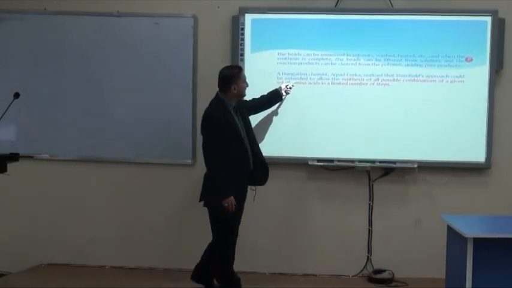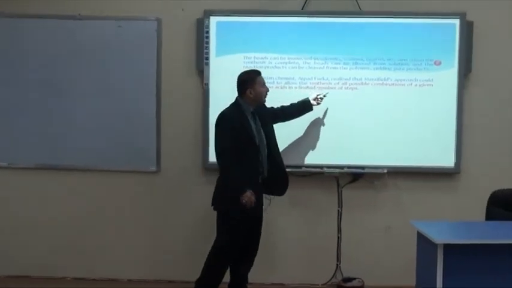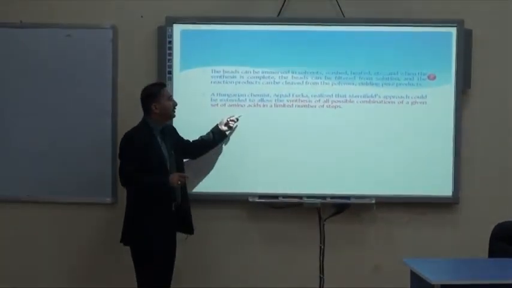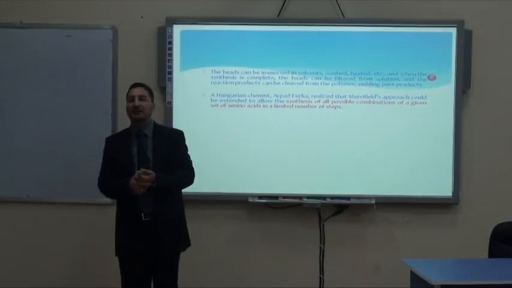Arpad extended the synthesis to all possible combinations of a given set of amino acids in a limited number of steps.